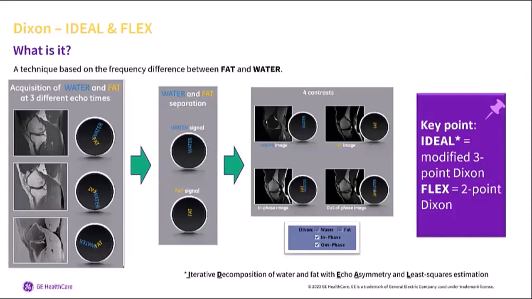In GE, we have the options of IDEAL, which is a 3-point Dixon technique, and FLEX, which is a 2-point Dixon technique, so only 2 echoes are acquired. Because we acquire more information with IDEAL, this is a more robust technique than FLEX. However, it has longer scan times associated as well.